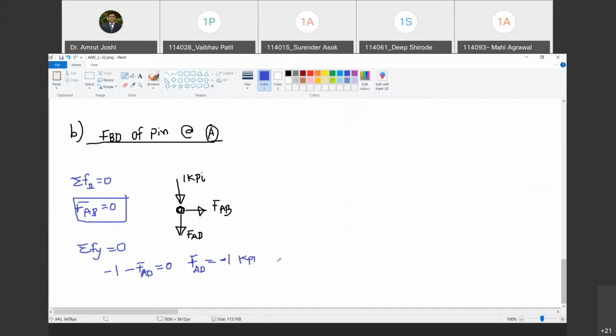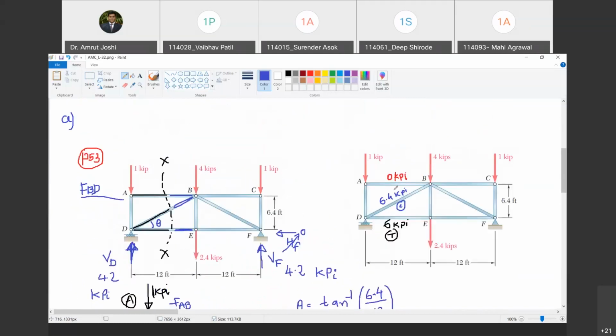So minus sign indicates what? It is compressive in nature. So FAD is compressive. Happy? Yes, sir. So can I write down that force here now? Yes, it is 1 kPi compression.